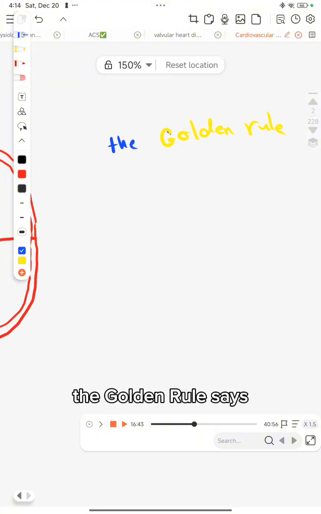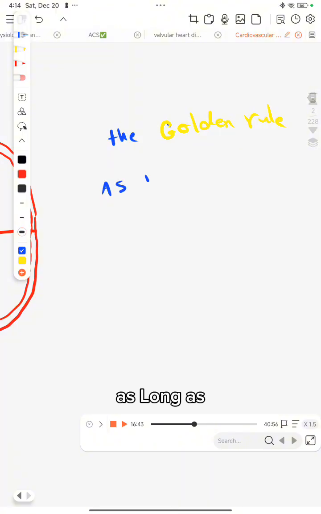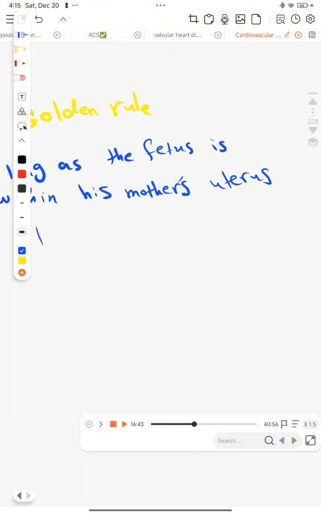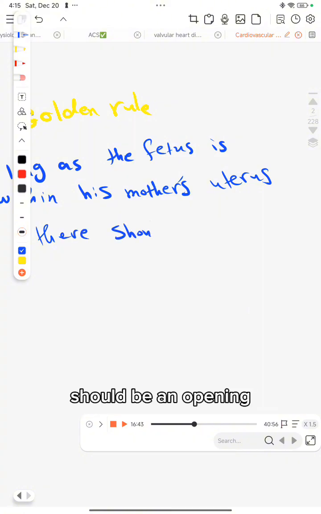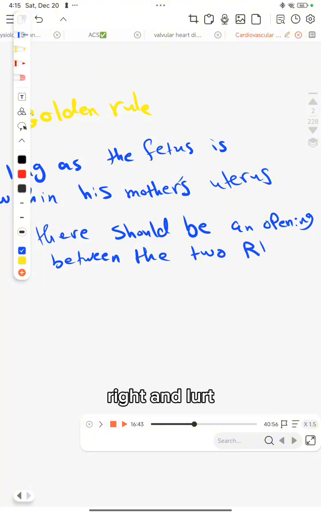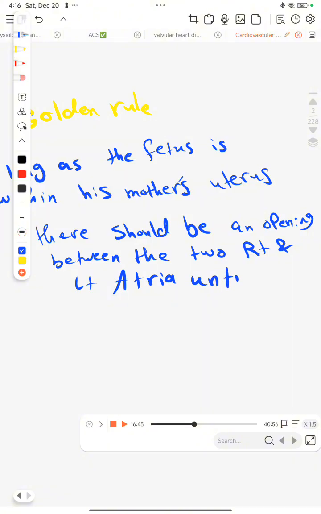The golden rule says, as long as the fetus is within his mother's uterus, there should be an opening between the right and left atria until birth.